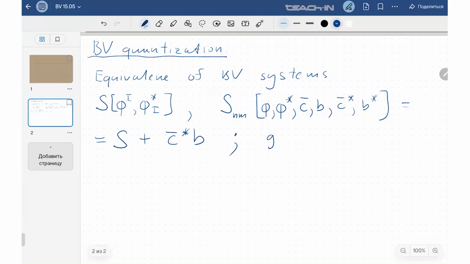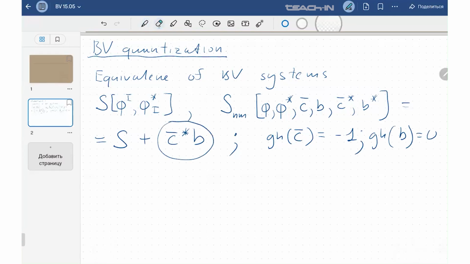And the agreement is that, because it's just an example, it's not fully general, the degree of c bar is -1, and the degree of b is 0. If it is so, then c bar star also has degree 0, and this term has degree 0, right?